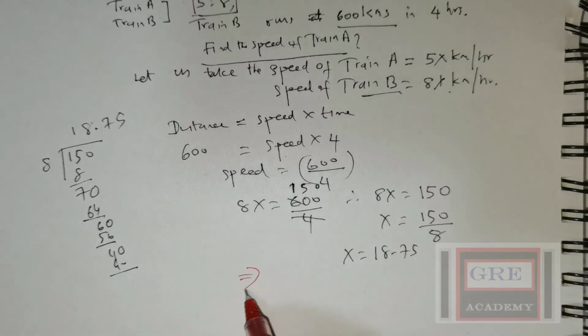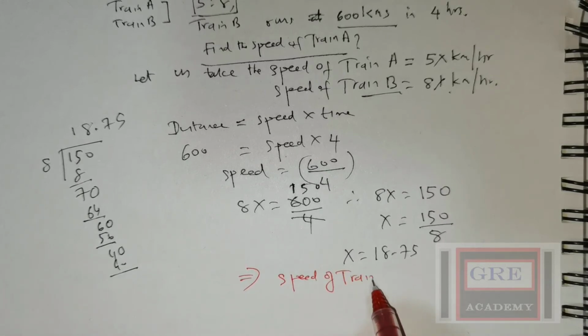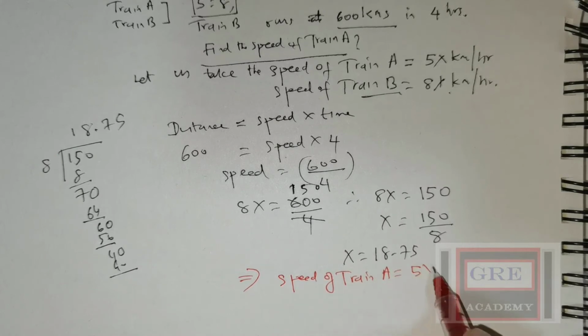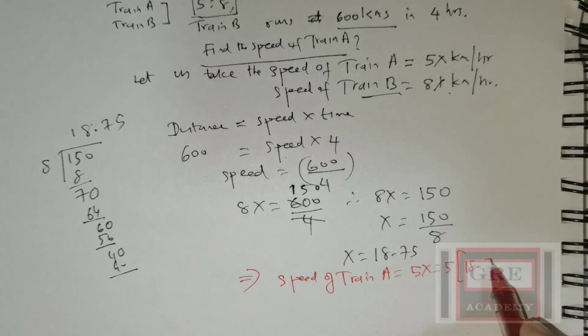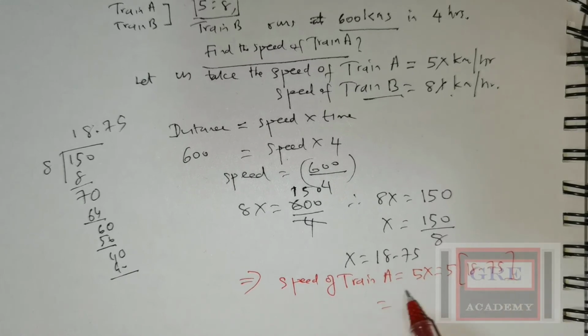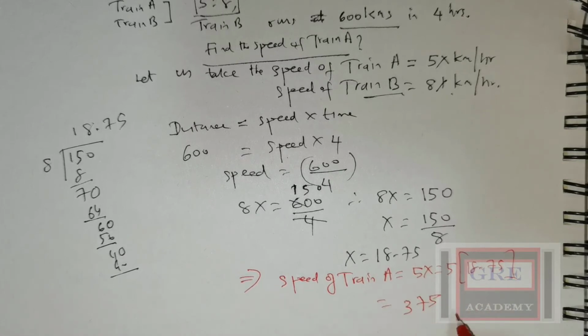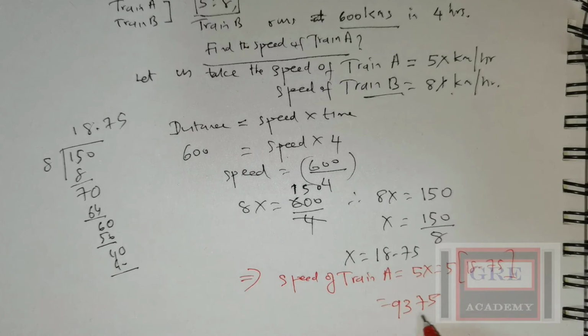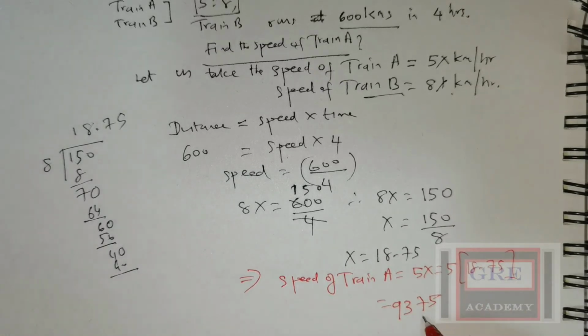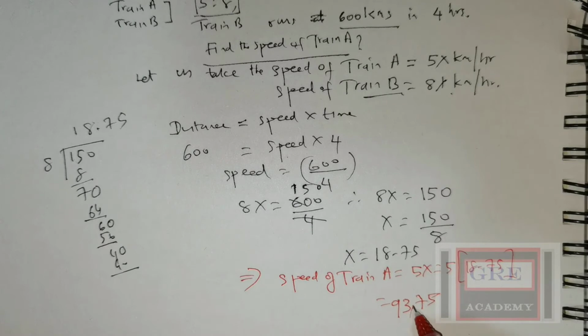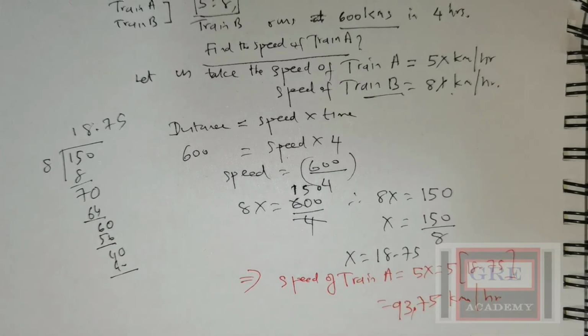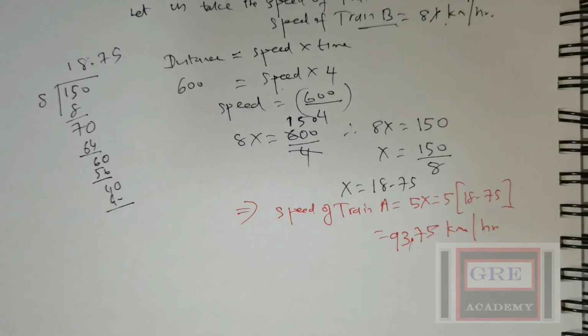So this implies the speed of train A is equal to 5x, which is 5 times 18.75, which is 93.75 kilometers per hour. This is the speed of train A.